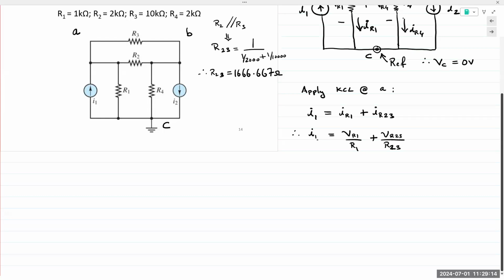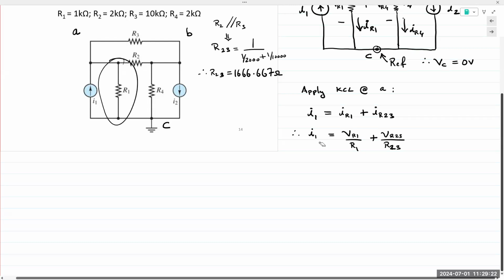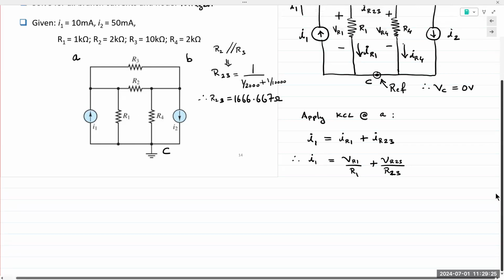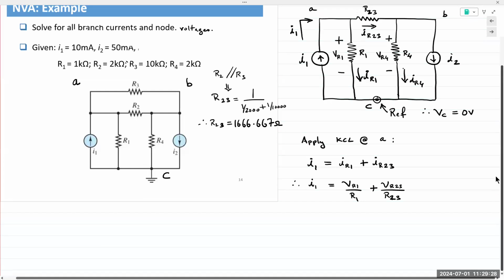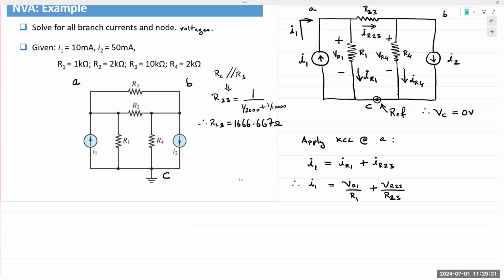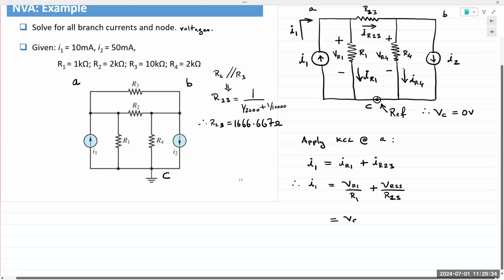And then if I express each resistor voltage in terms of the node voltages, I have VR1 connected between A and C, and the current comes from the top. VR1 has a plus up top, minus at the bottom, and so VR1 can be expressed as VA minus VC divided by R1, which is 1000, and VR23 is VA minus VB divided by 1666.667.